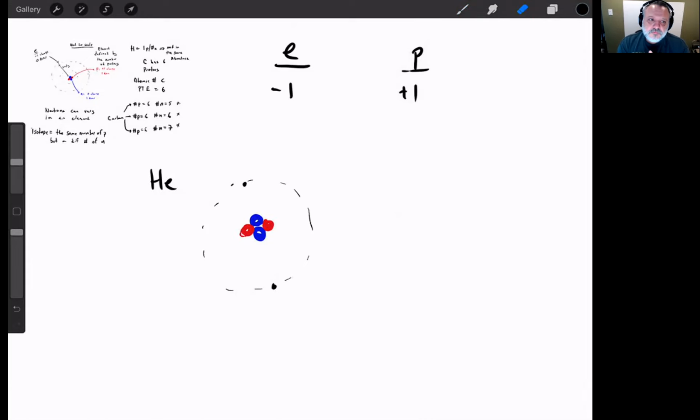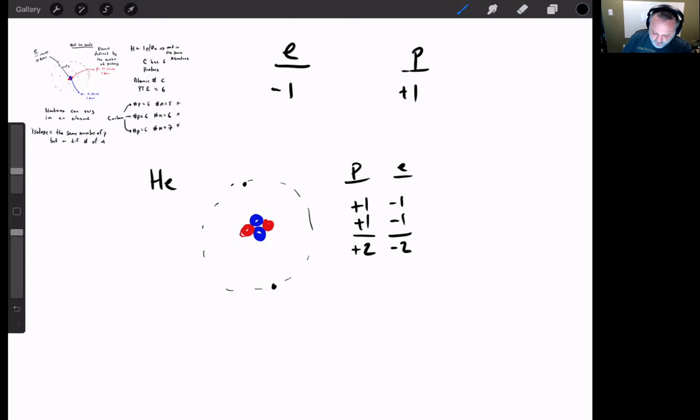If helium has 2 protons, then that means it has 2 particles with a +1 charge. So from the protons, I get a total of +2. What about the electrons? Well, if I have 2 electrons, I get 2 particles with -1 each, so -2.